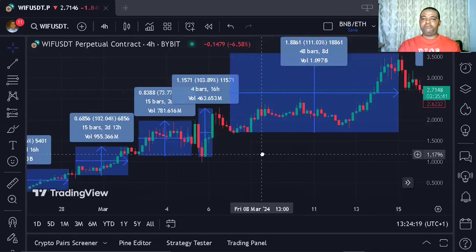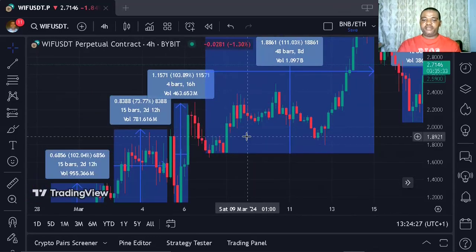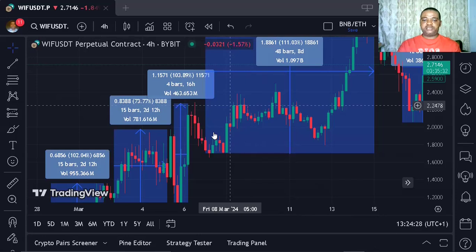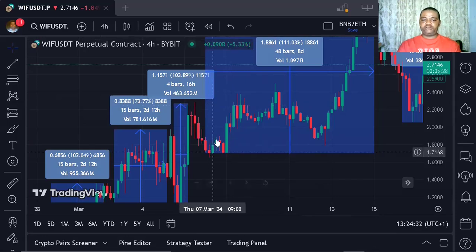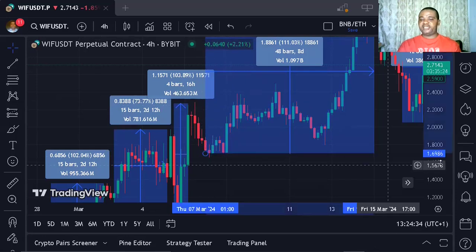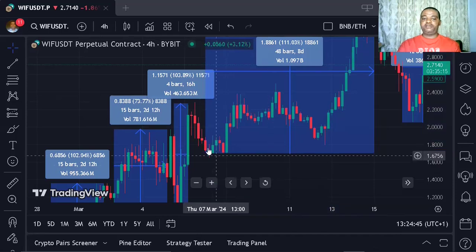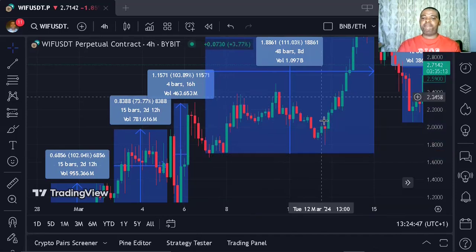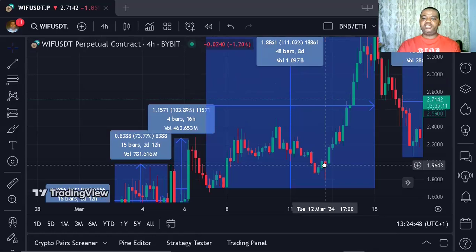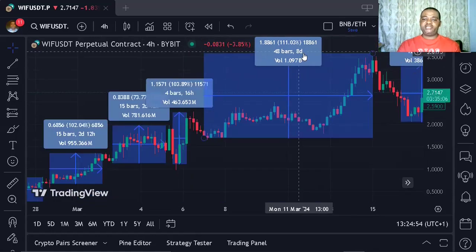Moving on to the next bullish trend section, this particular bullish trend section started from the lowest price of this green candlestick bullish trend starter, which is exactly $1.6986. And the price action of this cryptocurrency squeezed up by 111.03% in 8 days.